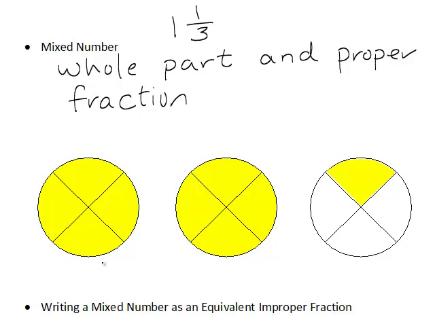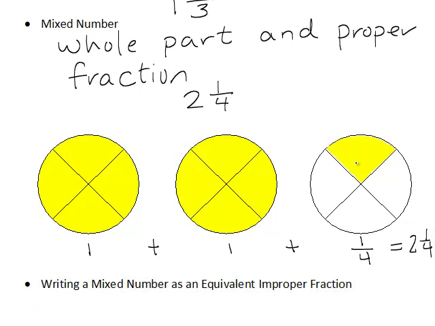Okay, and if you look at my circles here, I have 1 whole and another whole, and this one is 1/4. So as a mixed number, this is 2 and 1/4 circles. 2 wholes and 1 out of 4 parts.